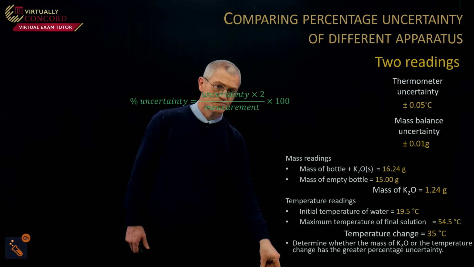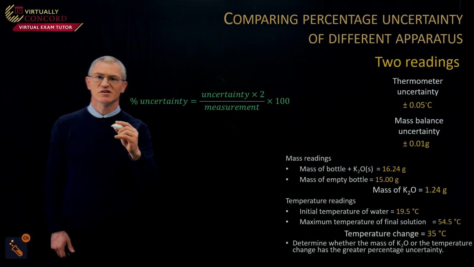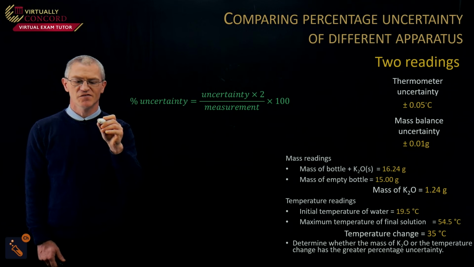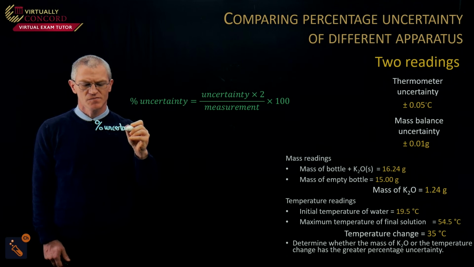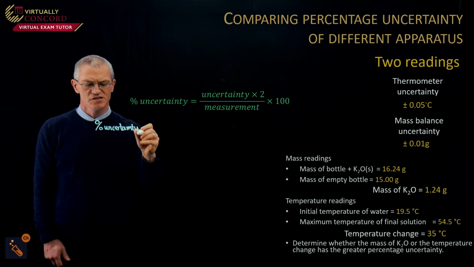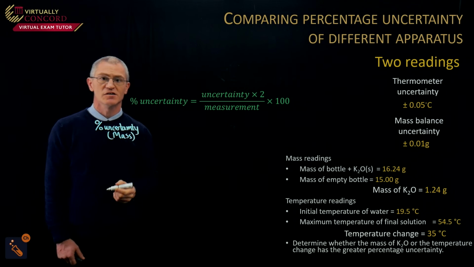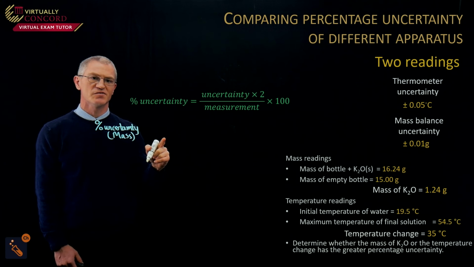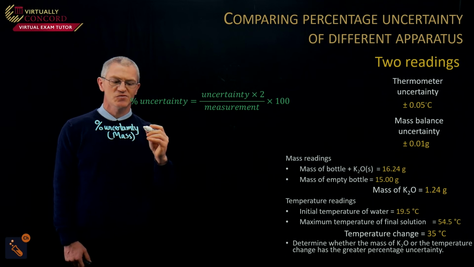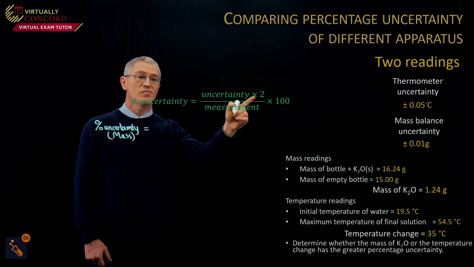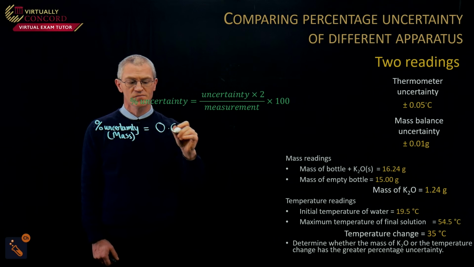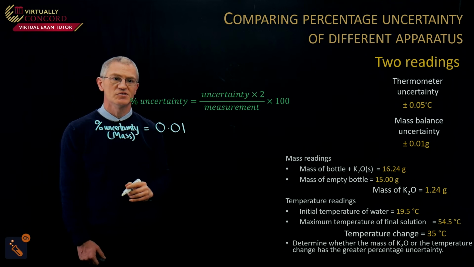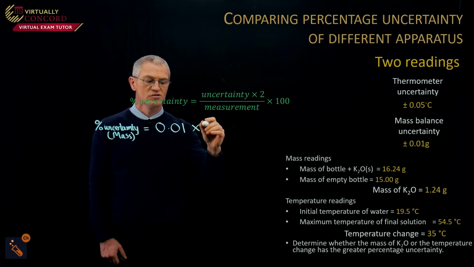So all we do is start putting it out. Therefore we have percentage uncertainty, and this percentage uncertainty is going to be for our mass measurement. If we look over here, we know that from up there our mass balance was 0.01. We know there are 2 readings.